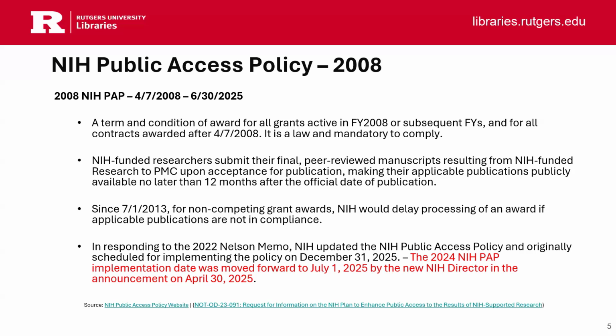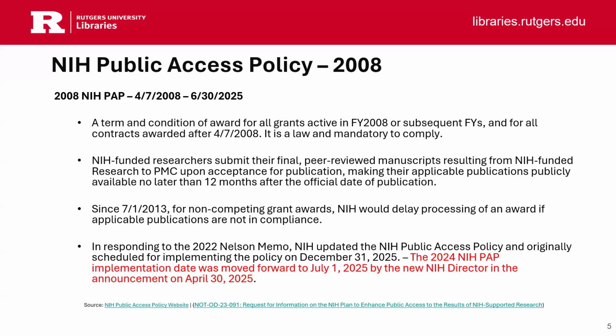The goal of the memo is to provide free, immediate, that means without embargo, and equitable access to research that is federally funded. It applies to all federal agencies, including those providing funding in the humanities and the social sciences. It applies to both peer-reviewed publications and the underlying scientific data.